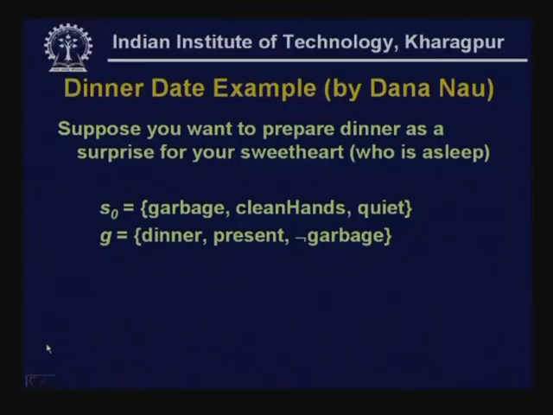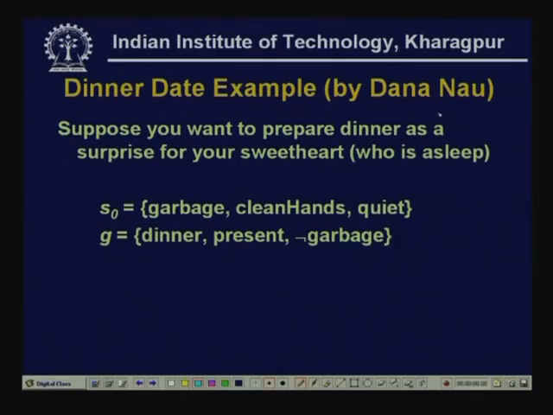Now, let us look at an example to illustrate the construction of the planning graph, and then subsequently we will use the same example to run the graph plan algorithm. This problem, posed by Dana Nau, is this. Suppose you want to prepare a dinner as a surprise for your sweetheart, and the initial state is as follows.